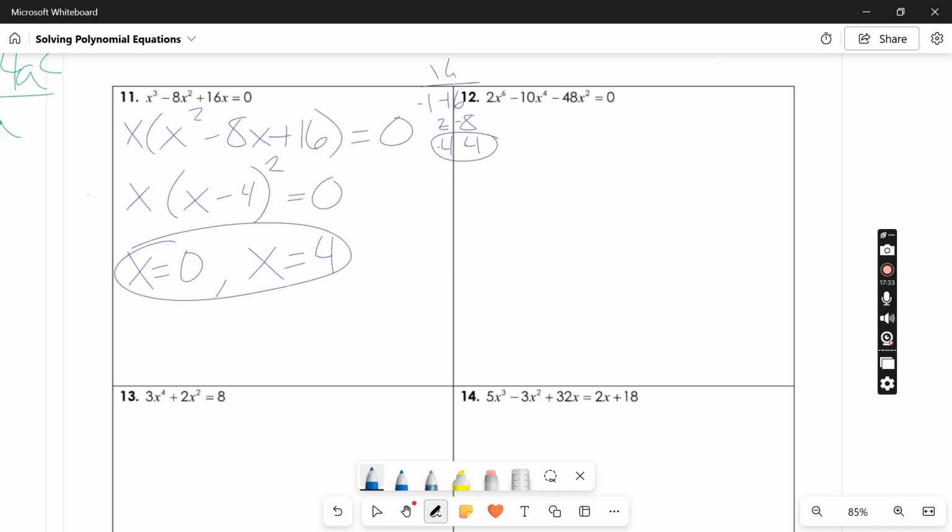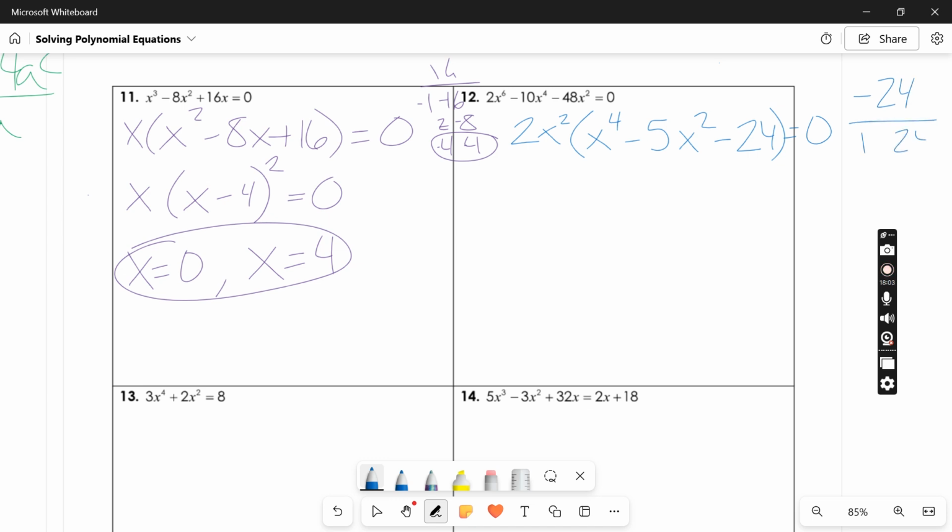Okay. 2x to the 6 minus 10x to the 4th minus 48x squared. I can divide all of these by 2x squared, which would leave me with x to the 4th minus 5x squared minus 24. Okay, and then I'm going to do the same thing. I'm going to look at the factors of -24.